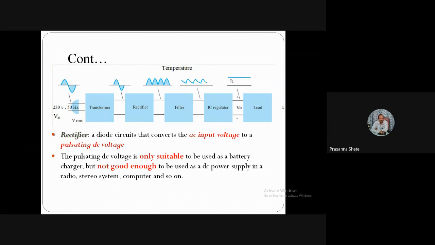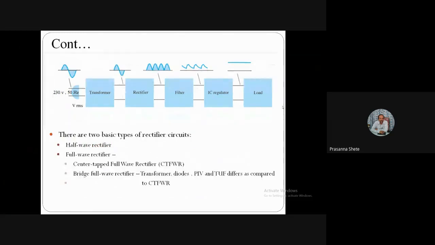Here, we have studied in detail different types of rectifiers like half wave rectifier, then full wave rectifier. In full wave, we have studied in detail the center tap full wave rectifier and the bridge full wave rectifier. We also have gone in detail that the bridge full wave rectifier has a few advantages over the center tap full wave rectifier.